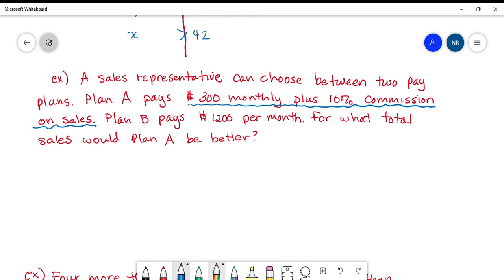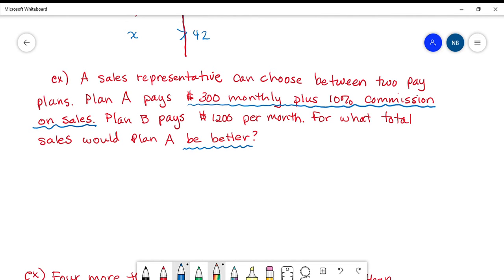So if you're a really good salesperson, you want to be paid a percentage commission on your sales. Now Plan B pays $1,200 per month. So whether you sell a lot or you sell nothing, you're going to make $1,200 per month. For what total sales would Plan A be better?